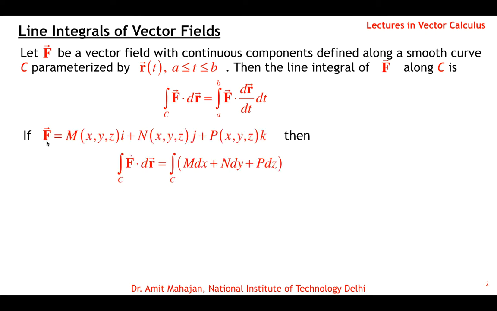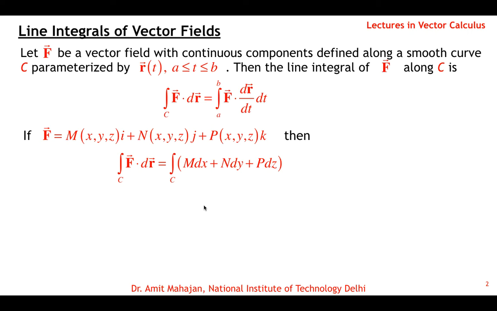So for example, if you are given the vector field in this form, which is Mi plus Nj plus Pk, where M, N and P are functions of x, y, z, and because r is a position vector which can be written as xi plus yj plus zk, so immediately this dot product can be written as M dx plus N dy plus P dz, and integrating over C and by linearity of integral, this can be written as integral of M dx plus integral of N dy plus integral of P dz, and we can integrate separately with limits of x, y and z.